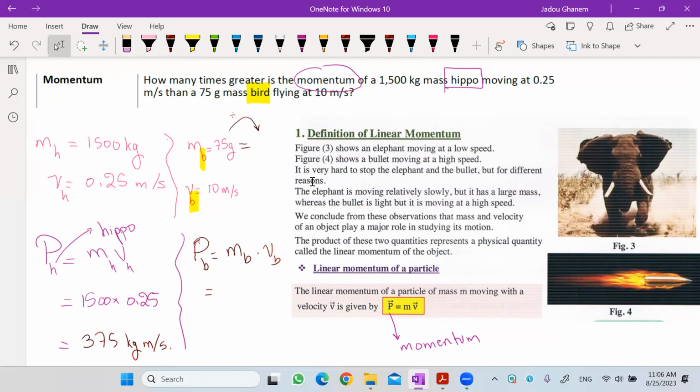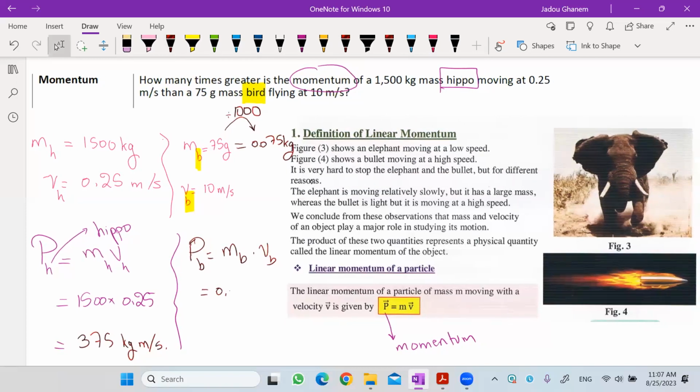So it will be 0.075 kilograms, as if we are dividing by 1000. Then we multiply 0.075 times 10, and the answer will be 0.75 kilogram meter per second.